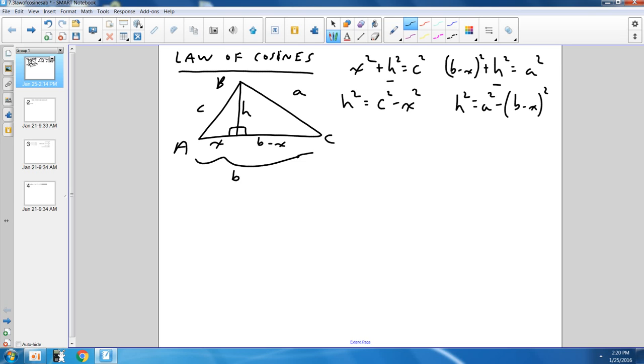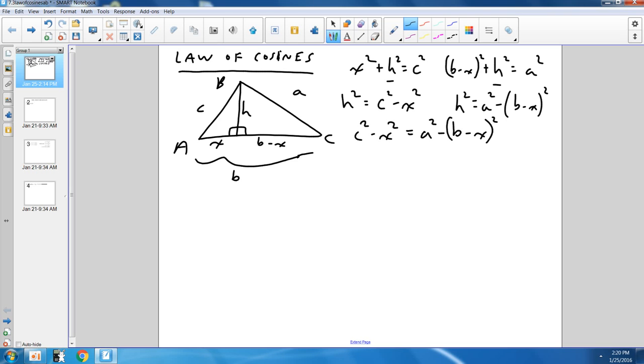And then I'm going to eliminate the h squared by substituting in, which means you end up with this. Again, eliminating the h squared, they're both equal to it. So you could think about substituting in or saying that the right sides are equal to each other because they're both equal to h squared.